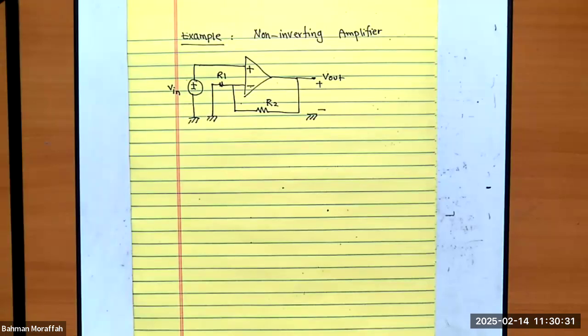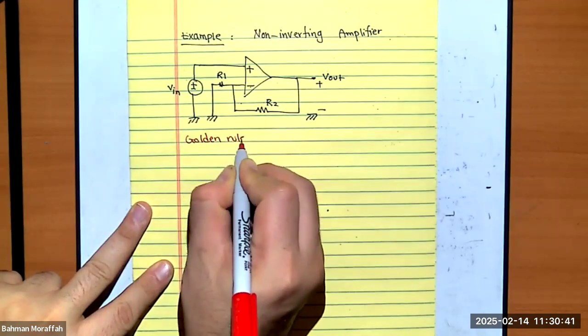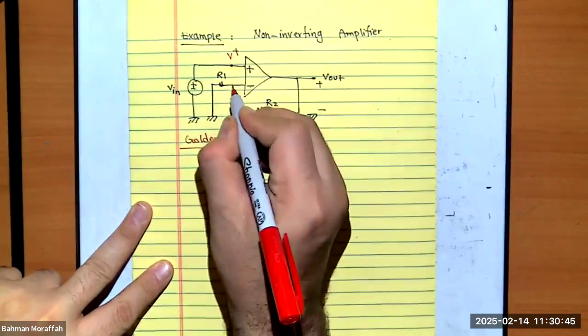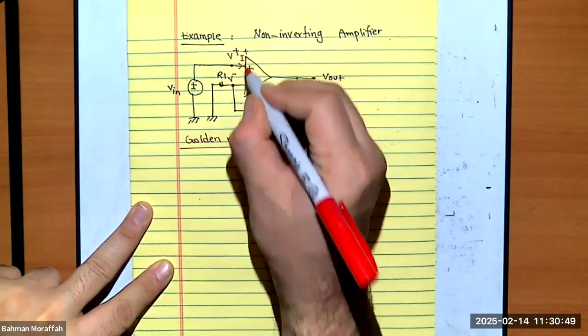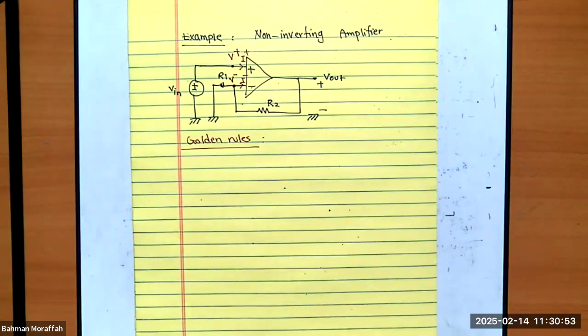Since it is an ideal op-amp with negative feedback, we have the golden rules. So what are the golden rules? Let's call this one over here V plus, this one over here V negative, the current here I plus, the current here I negative. What are my golden rules?